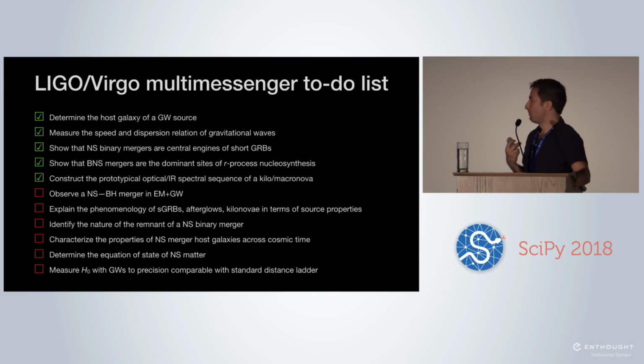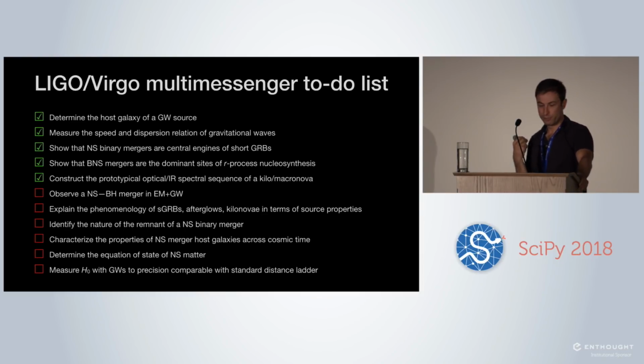So I don't want to give the impression that we've solved all the problems in this space with this one event. Far from it. We've done some really impactful things. For one, for the first time, we've determined the host galaxy of a gravitational wave source. We've measured the speed of gravitational waves and checked that it is in fact the same as the speed of light by looking at the time delay between the gravitational waves and the gamma ray burst.